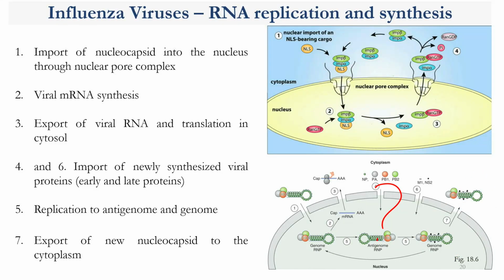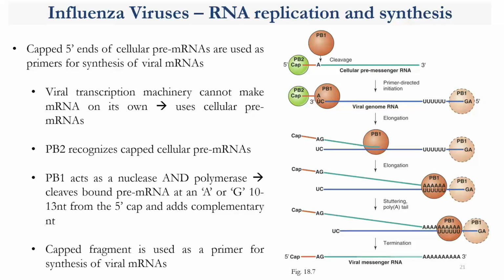So first thing we're going to look at is the synthesis of mRNA. So these RNAs, they do not have a cap. So how this virus works is, it actually steals the caps from the cellular RNAs.